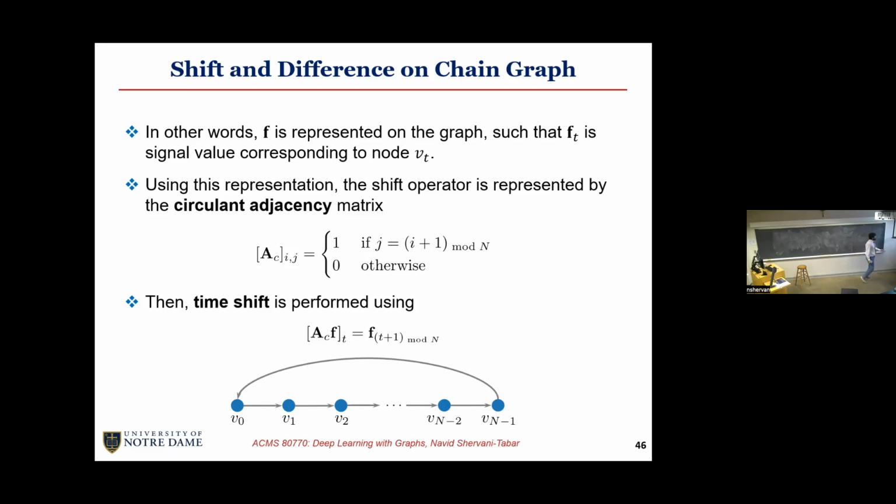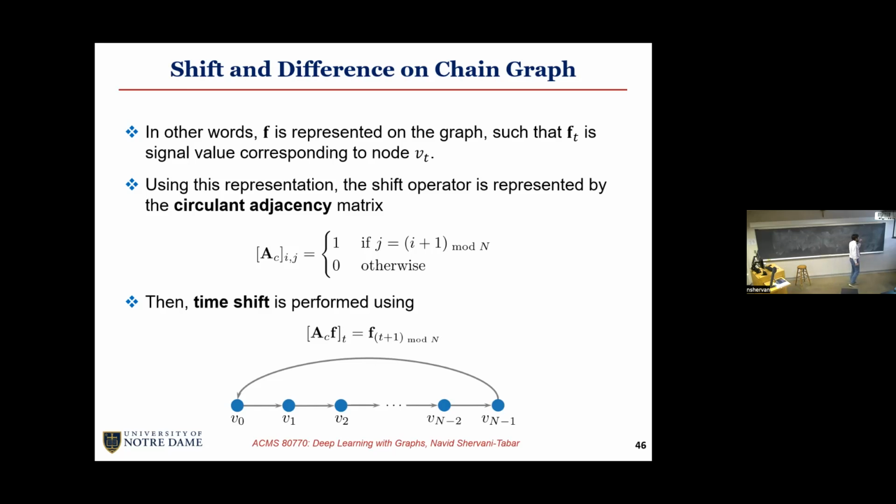What that means is that we have value f1 here. Now this is shifted by 1. That value f1 now resides on node 2, because we have shifted that by 1. So our circulant adjacency matrix can represent the shift operation in circular graphs.